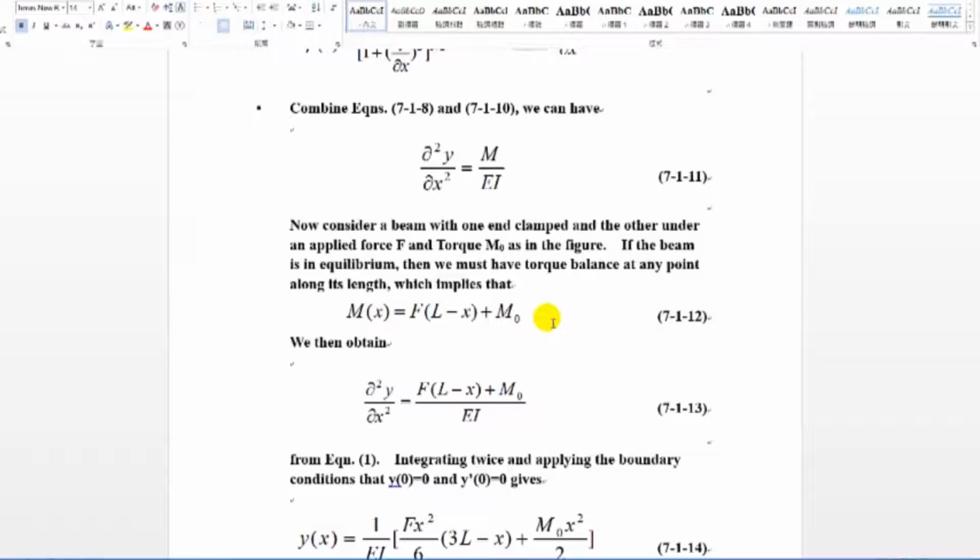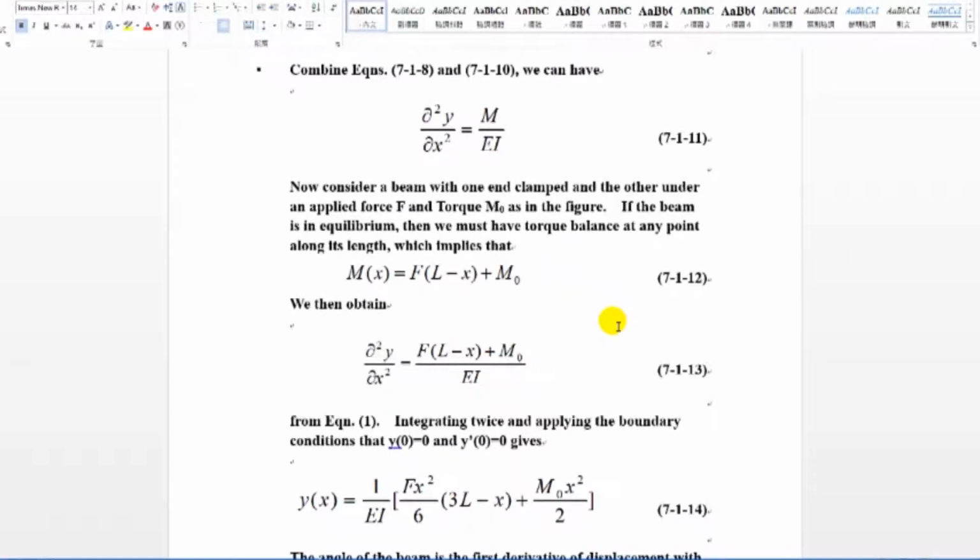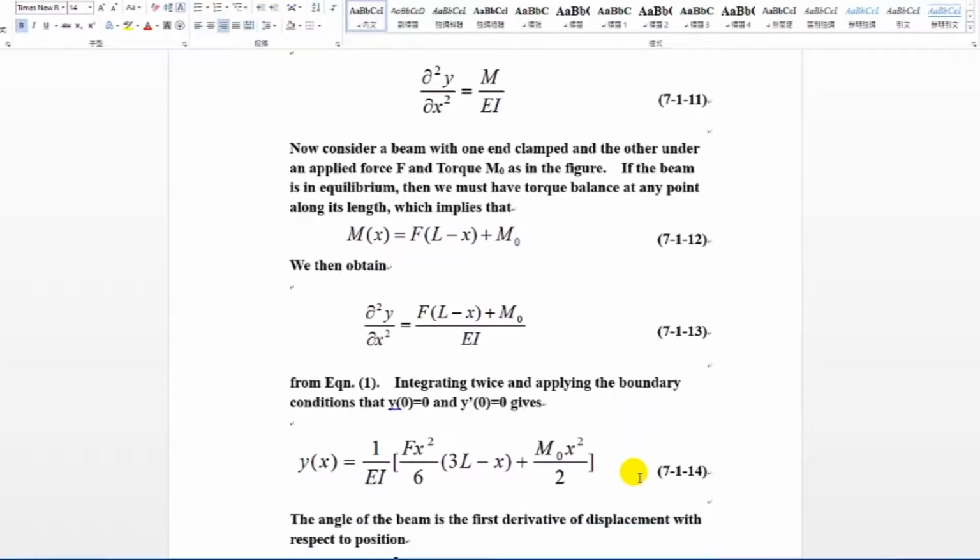After we do the two times integration and provide the boundary conditions, we finally get this equation. This equation shows the deflection is not the strain. The deflection will have the maximum at the tip instead of at the base.